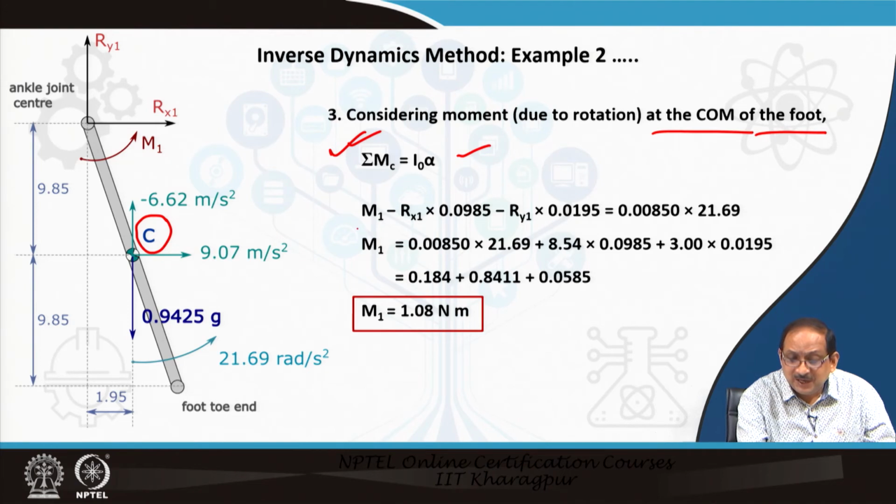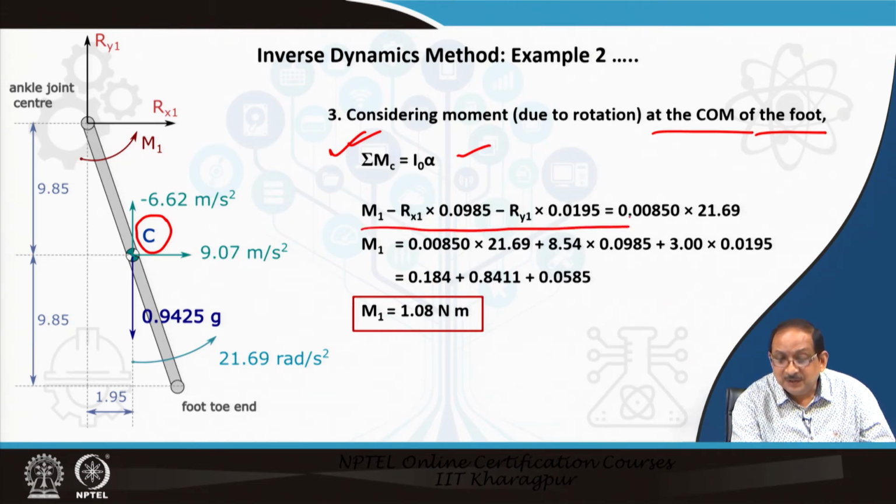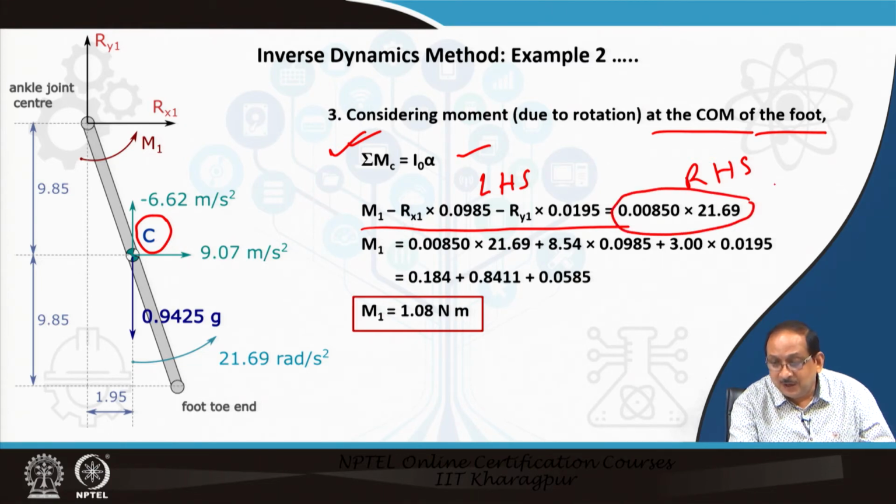The left hand side of the equation consists of M1, Rx1 and Ry1, whereas the right hand side of the equation corresponds to I0 alpha.